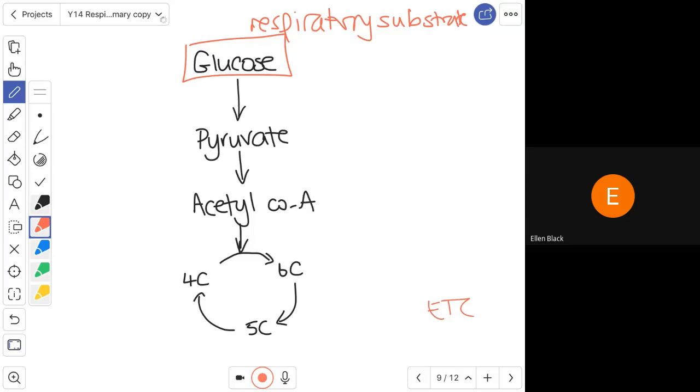If you eat a burger out of McDonald's, in the burger bap you've got bread, so you've got starch there. Starch is a carbohydrate, so starch, any kind of carbohydrate, will get hydrolyzed into the monosaccharides. And so the monosaccharides are basically hexose sugars, and any carbohydrates will enter at this point here.